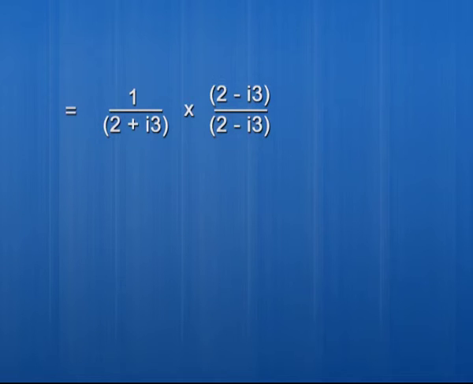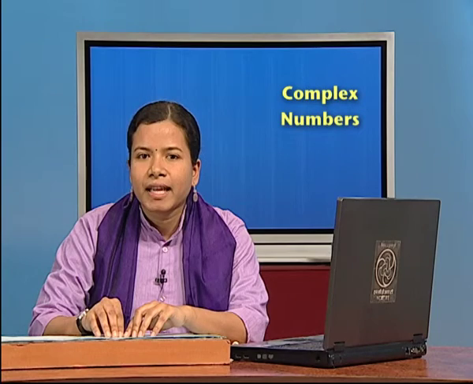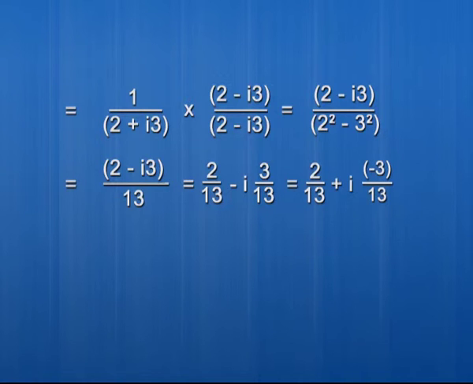Now solving this, we will see that 2 minus i3 is in the numerator, and finally the denominator will be 2 square minus 3 square. Solving the denominator, finally we see that we are getting 2 minus i3 upon 13, which can further be written as 2 upon 13 minus i times 3 upon 13, and it can further be written as 2 upon 13 plus i times minus 3 upon 13.